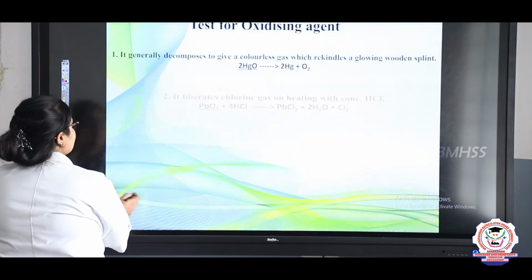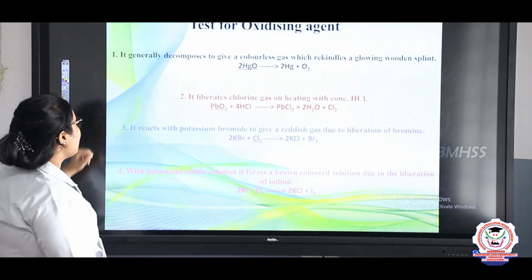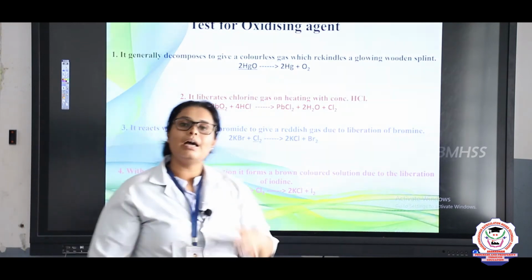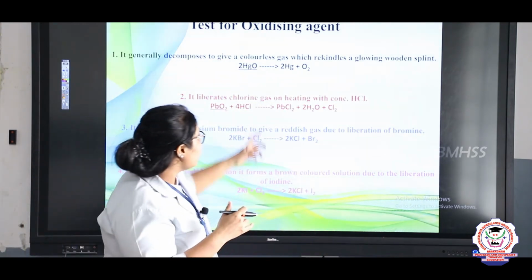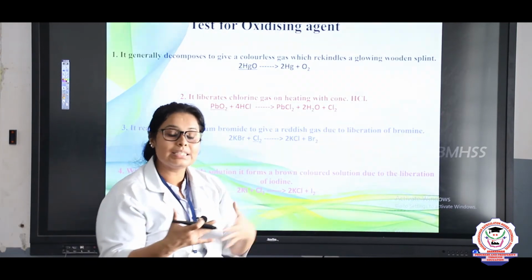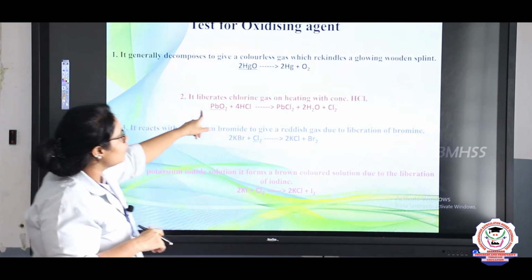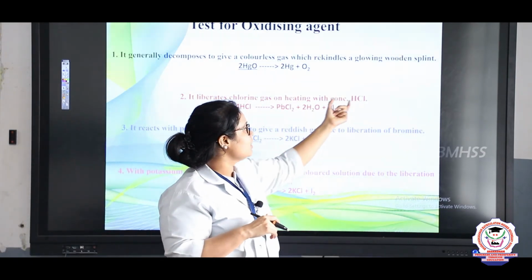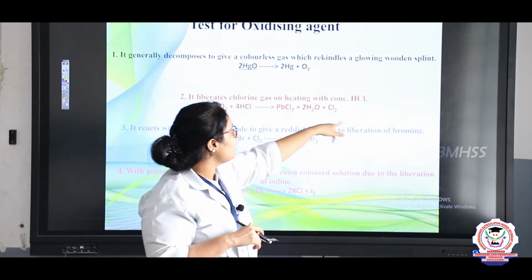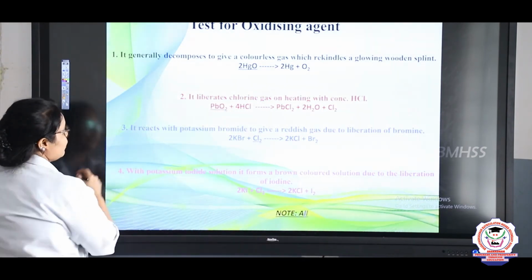Now let's see what the tests are. The first test says that whenever they take a product and O2, oxygen, is coming out, that means this is an oxidizing process. In the same way, when they use concentrated HCl, Cl2 will come out, again showing an oxidizing agent.